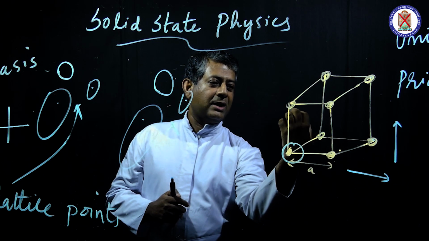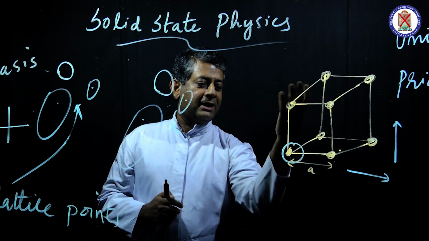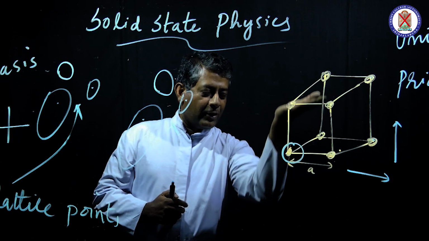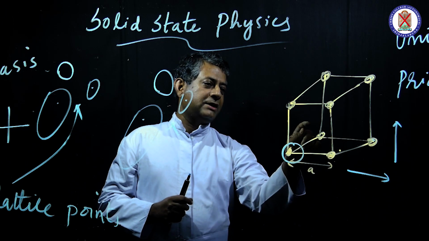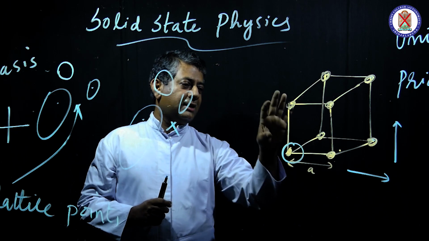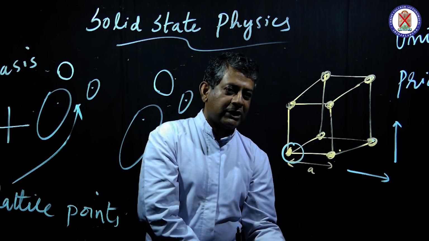Another one here, another one here. So the 4 on this surface and the 4 beneath this one. Hope you got that idea. One here, the second one adjacent, the third one here, and the fourth one here, and similarly 4 down.